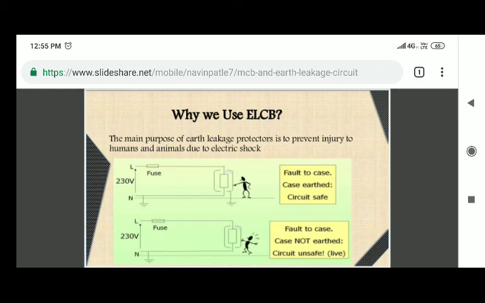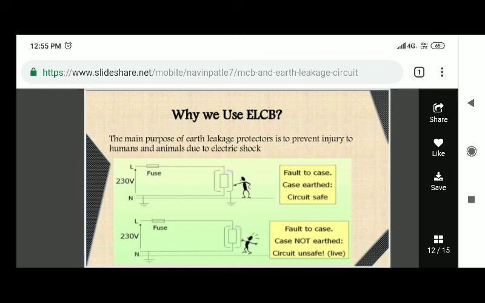But if any short circuit occurs in your electronic devices or home appliances, then leakage current will flow in that circuit. If you are not connecting the ELCB, it may happen that you get shocked by that voltage.